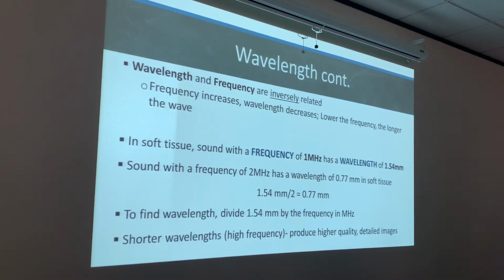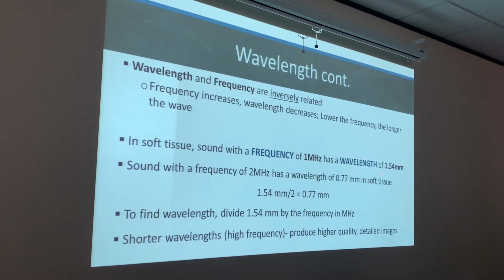But in soft tissue, sound with a frequency of 1 megahertz has a wavelength of 1.54 millimeters. So we can always determine our wavelength based on how many megahertz a transducer has. For example, if we have a transducer with a frequency of 2 megahertz, how are we going to calculate that answer?